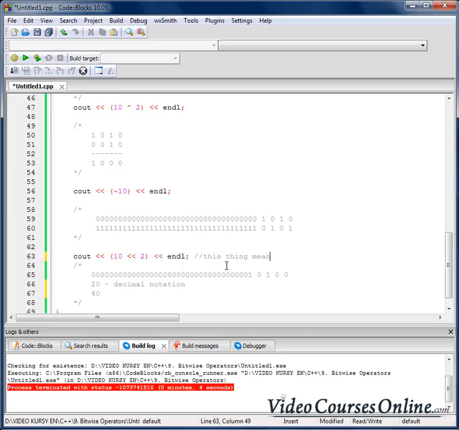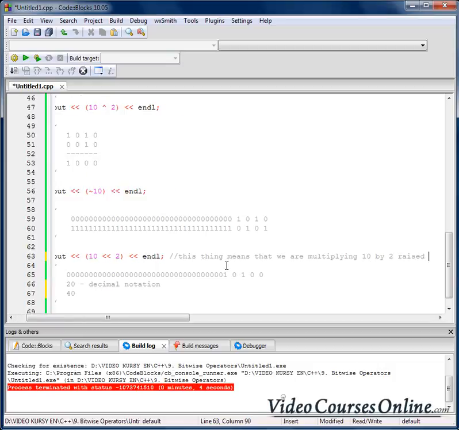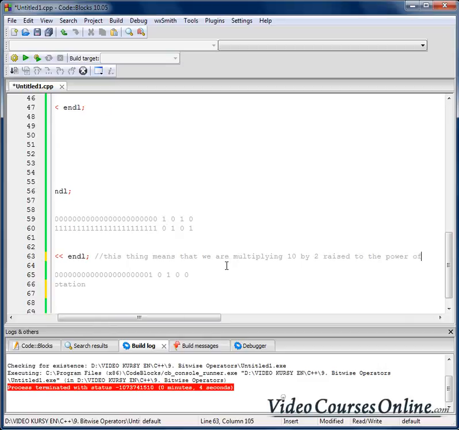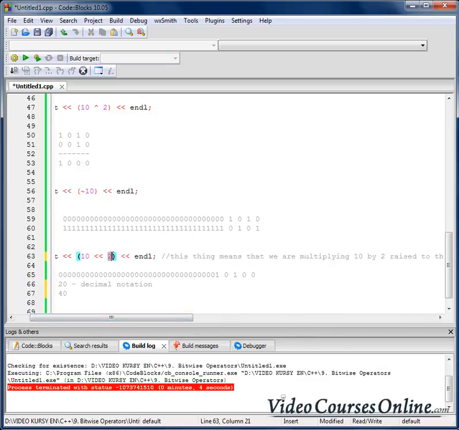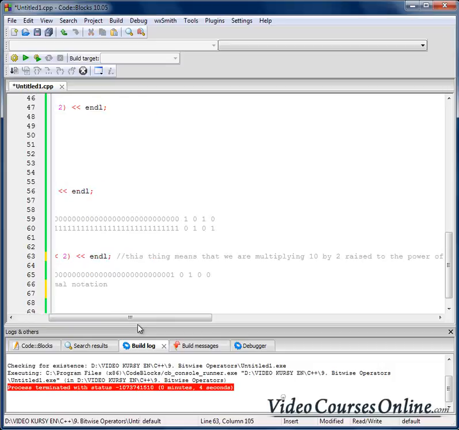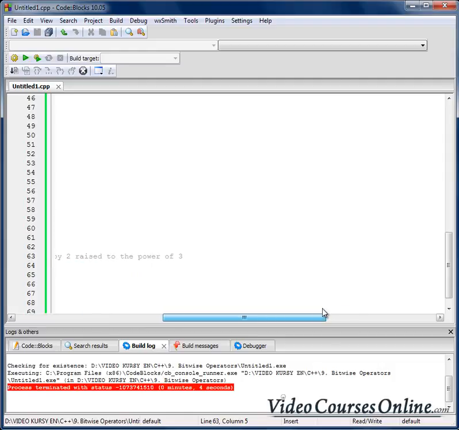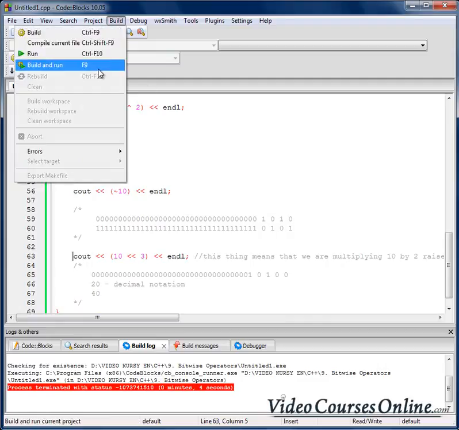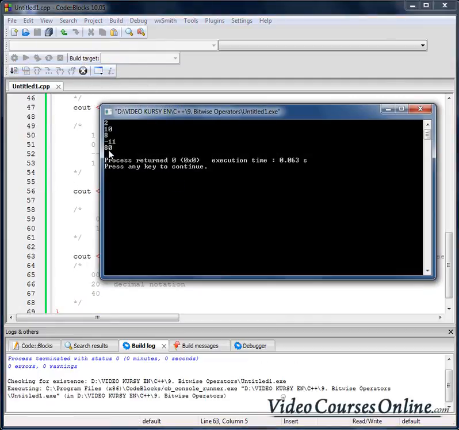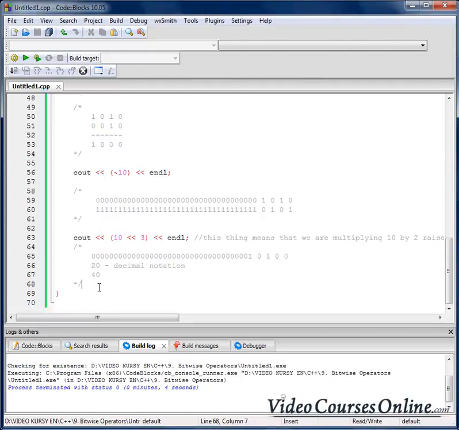So this means that we are multiplying 10 by 2 raised to the power of, let's write maybe 3. Okay, to the power of 3. So 10 multiplied by 2 to the power of 3 is what? 10 multiplied by 8, so I should have 80 here. Let's see if I'm right, if I'm not lying, and as you can see, everything is working fine.